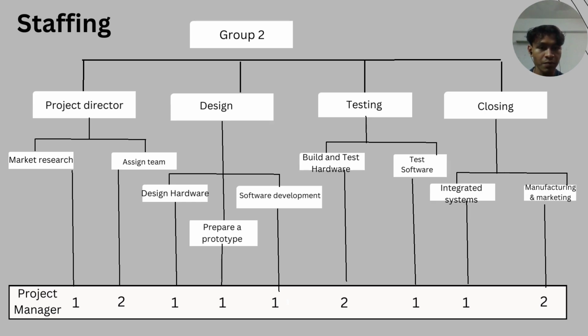Then for the closing part, we have two branches, which are integrated systems and manufacturing and marketing. For the integrated system, we assign one project manager to integrate all the system. And for manufacturing and marketing, we assign two project managers to handle the manufacturing and the marketing of our product.